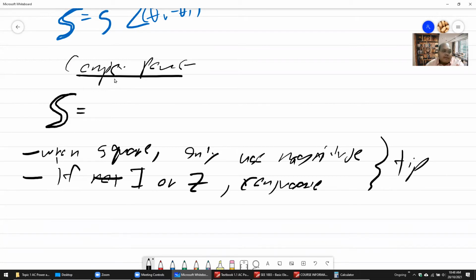Remember S equals V I. VI doesn't have a square, so it is a complex number.